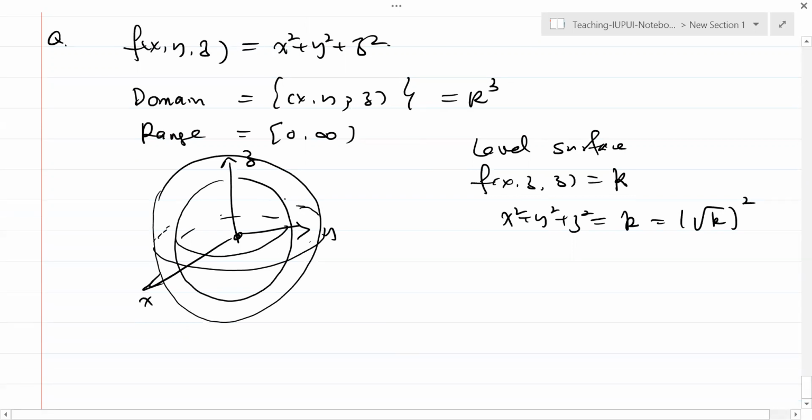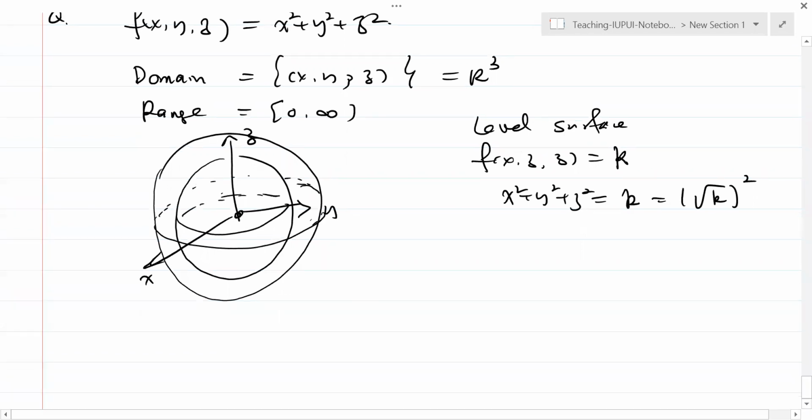As k increases, the level surface, the sphere, expands. So this is how we understand it. We cannot draw the graph for this function with three variables, but through the level surfaces, we can still understand the behavior of the function.